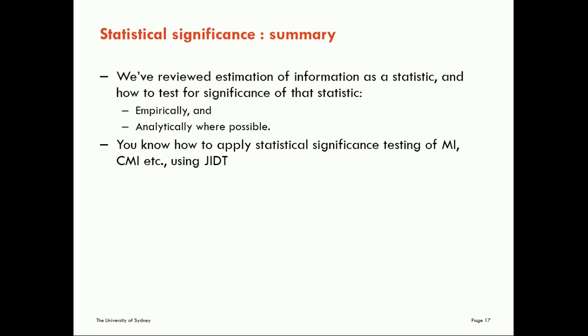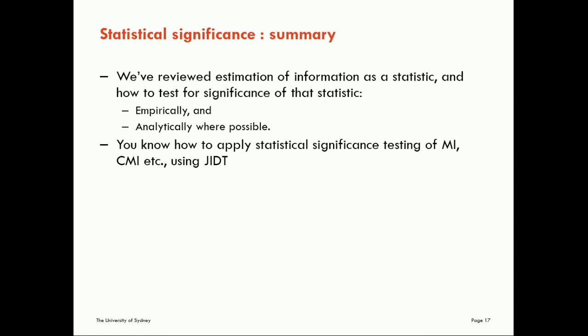So let's close off this session regarding statistical significance and undersampling. What we've done here is to review the estimation of information as a statistic, and we've looked at how to test for that statistic both empirically from a given sampling of data and analytically where possible. And we looked at that specifically for the linear Gaussian and the discrete or plugin estimators, and we're hoping to have other analytic expressions for other estimators in the future.